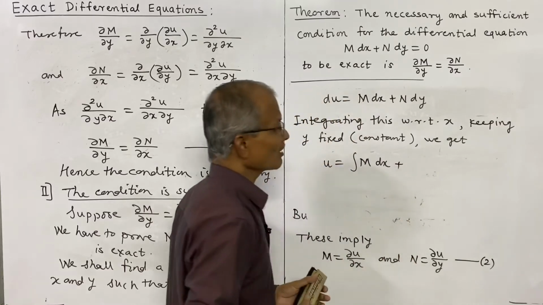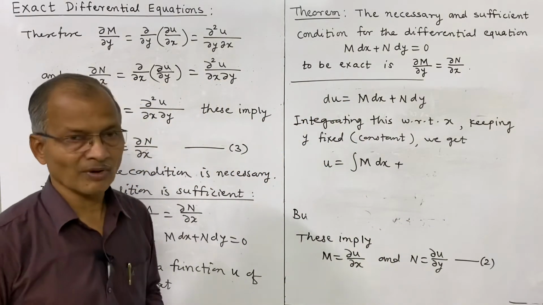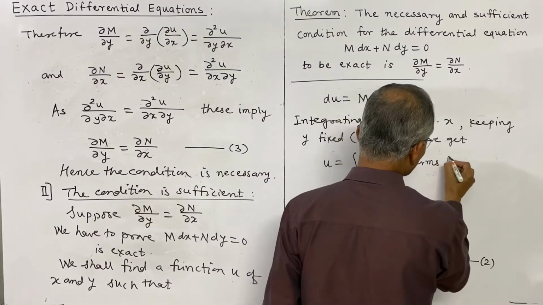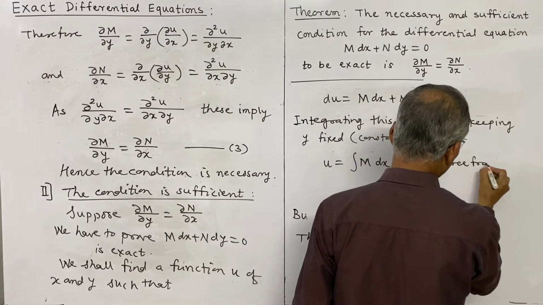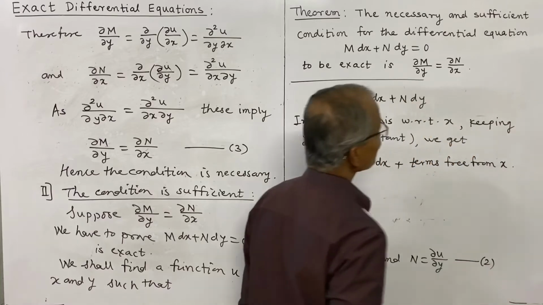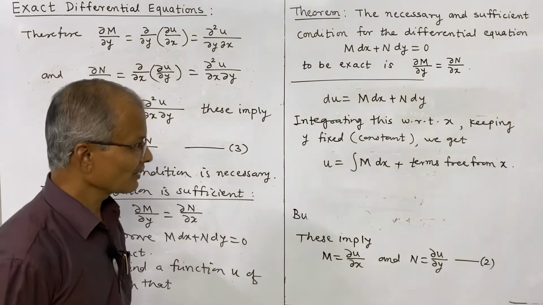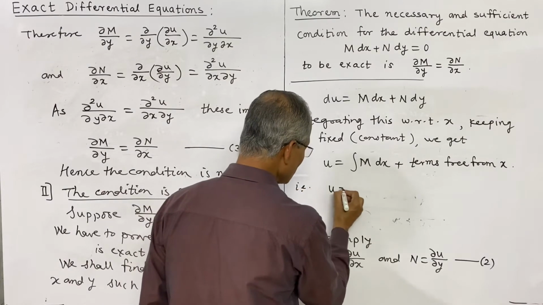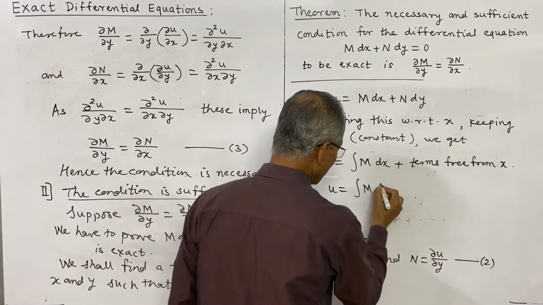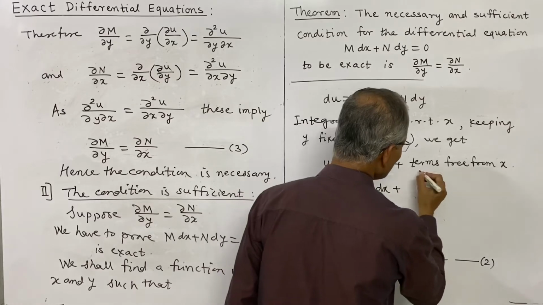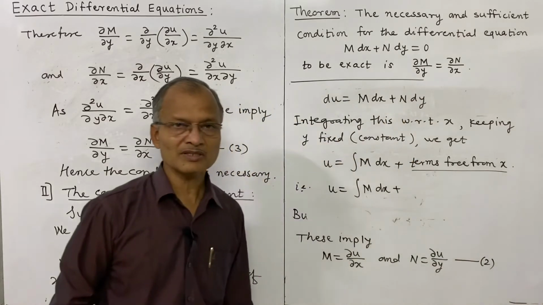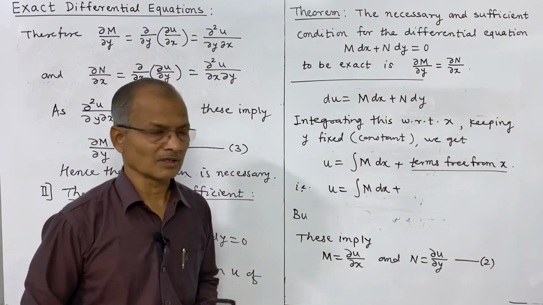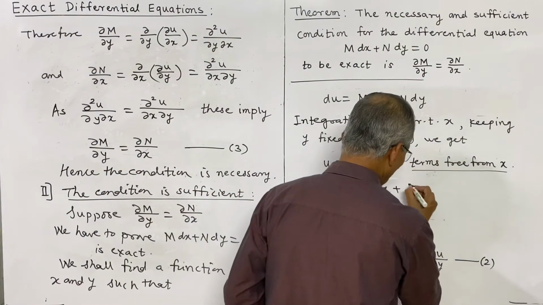That is, terms free from x, terms which do not contain x, plus. So u is equal to the integral of m dx plus these terms, and since they are free from x they will contain only y or constants, and that will be a function of y.